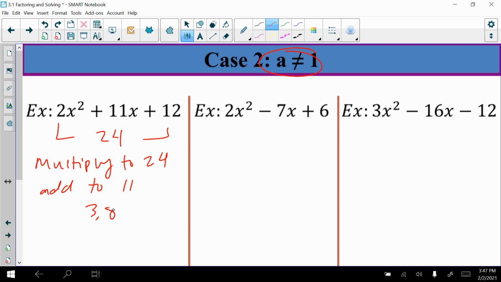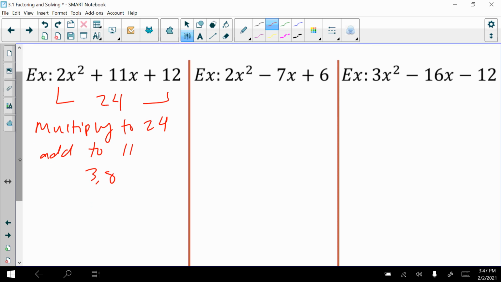At this point, this is where it gets different. When we were in the easy case, we just took these two numbers and we were done. Now that a is something other than 1, I'm going to have to do something different. This might seem weird at first, so just bear with me. I'm going to take my initial equation and rewrite it, except instead of using 11x, I'm going to use these two numbers, because 3 and 8 make 11.